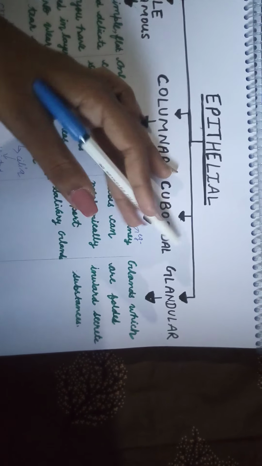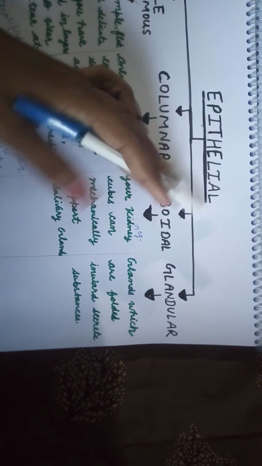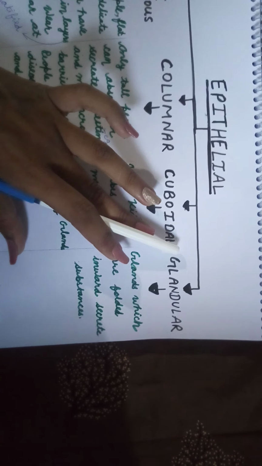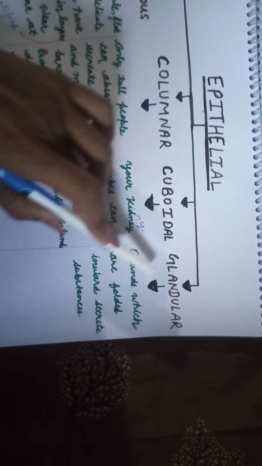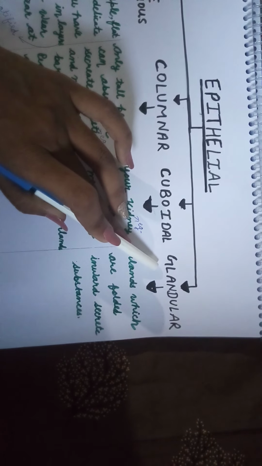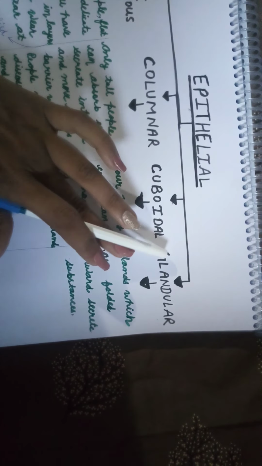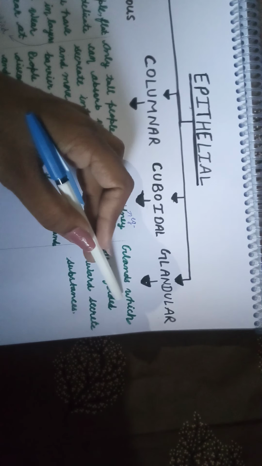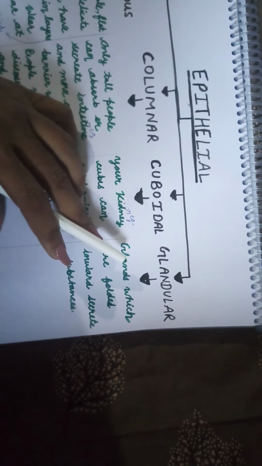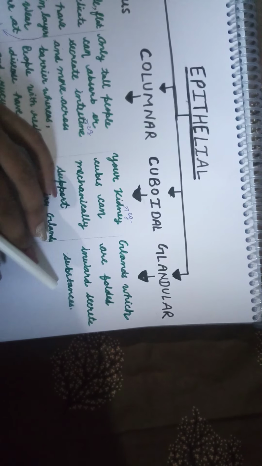When it folds inward and glands are formed within, that is known as glandular epithelial tissue. The function of such glandular tissue is to secrete substances.